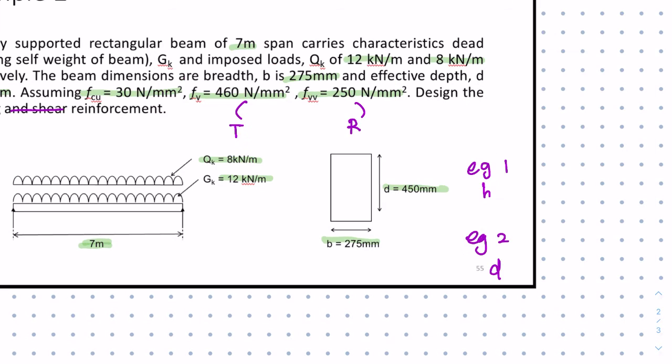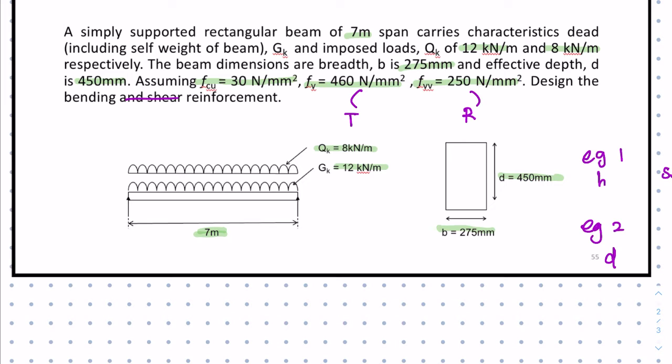For example number 1, self-weight is not included, which means you have to calculate it. For example 2, the self-weight is already included, so you don't need to calculate self-weight and add it into Gk, which is the total dead load.